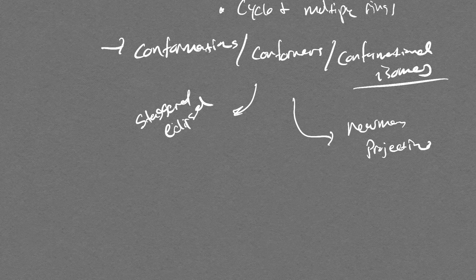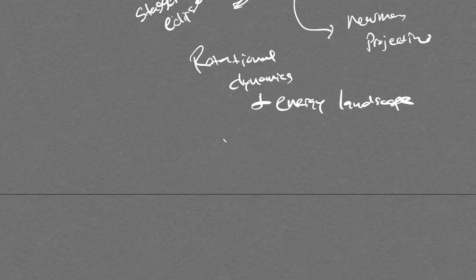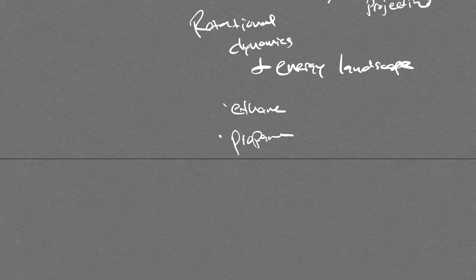So we learned about the rotational dynamics and energy landscape of ethane, which we remember was pretty simple, propane, which was not much more difficult than ethane, and then we got to butane, and it did get a little bit more involved, but not honestly so much.